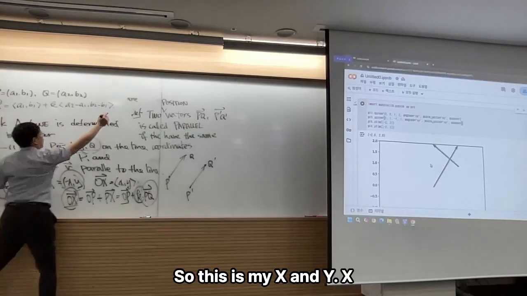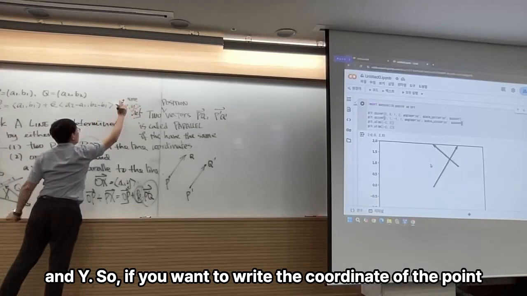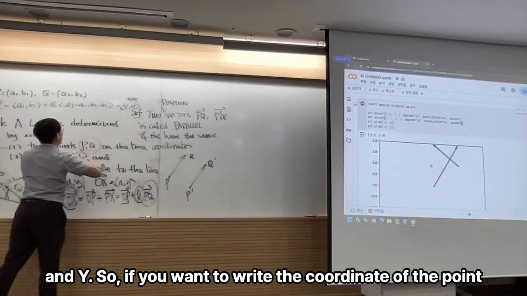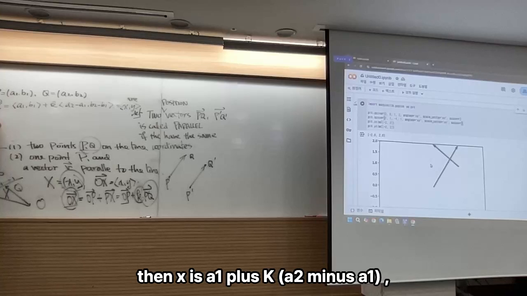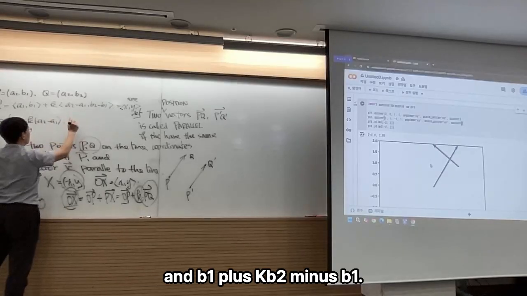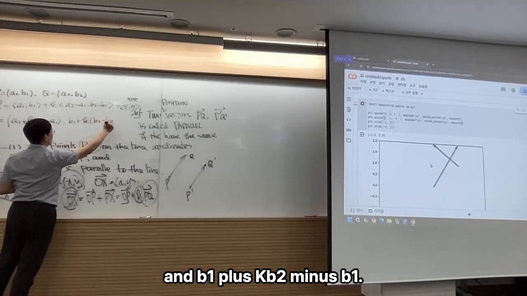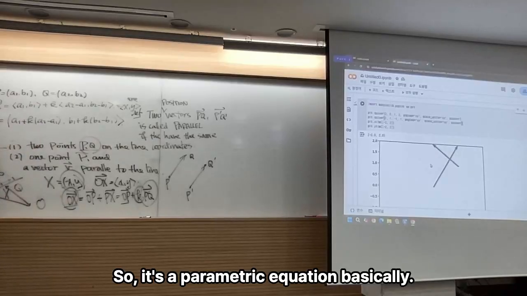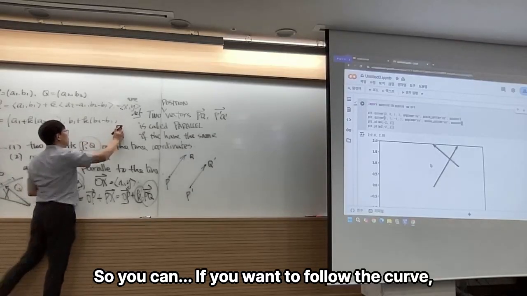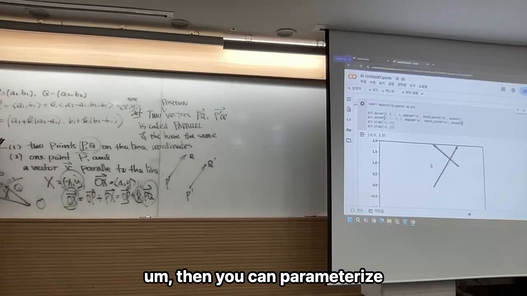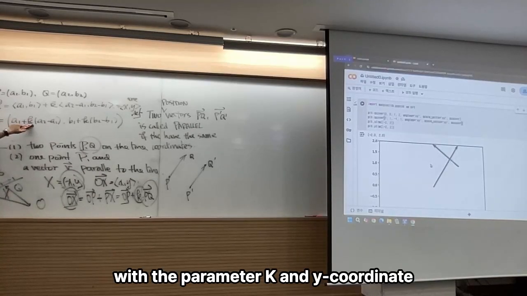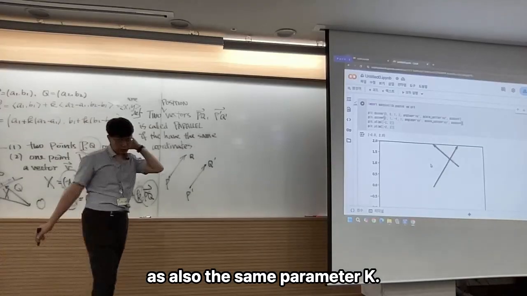So this is my x and y. If you want to write the coordinate of the point on the line passing through P and Q, then X is (A1 plus k(A2 minus A1), B1 plus k(B2 minus B1)). So it's a parametric equation basically. If you want to follow the curve, you can parameterize the x coordinate of the point with the parameter k, and the y coordinate with the same parameter k.